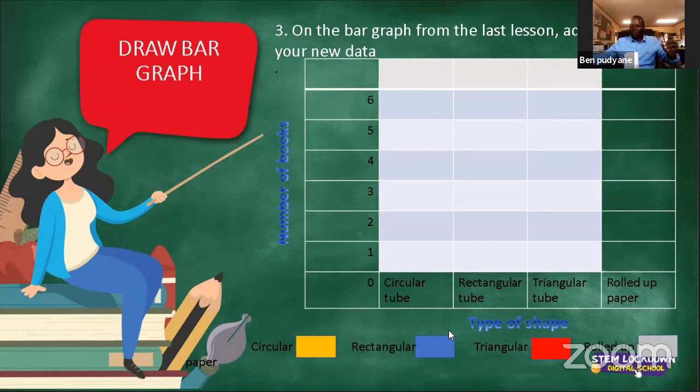I'm going to put the books again. 1, 2, 3, 4, 5. But after number 5, you see it now starts to bend and now it broke. This one was able to carry about 5 books.